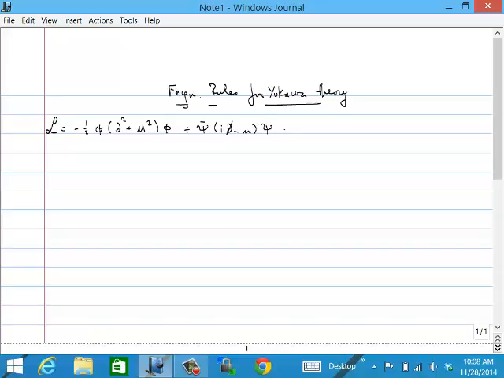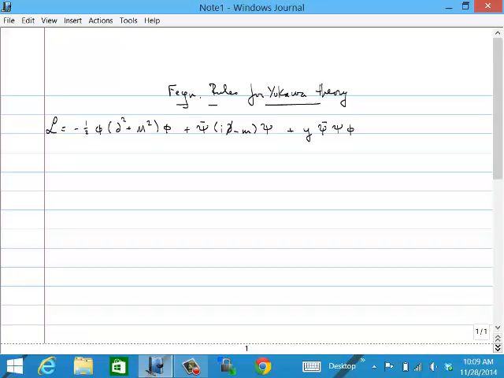And these fields interact via a cubic coupling that I've just called Y here, the Yukawa coupling. And it's a coupling that allows one scalar to turn into two fermions. Okay. So for example, it would lead to forces between the nucleons that arise because of the interchange of one of these pions.